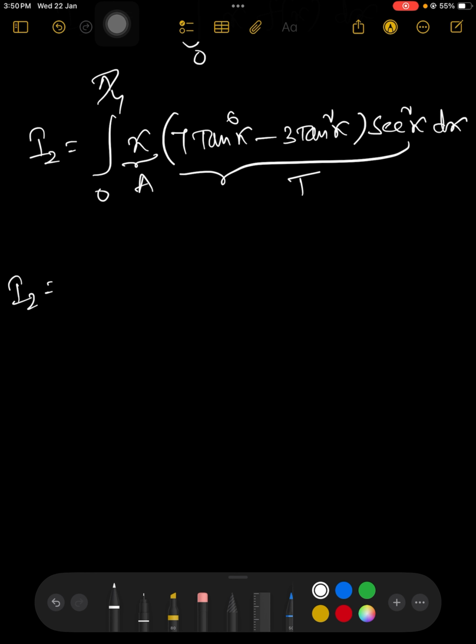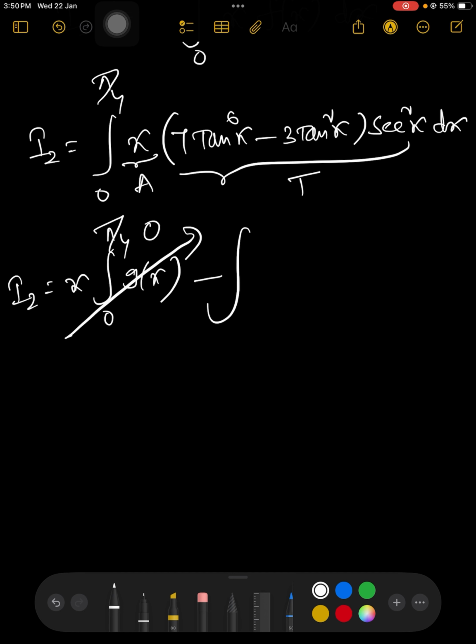Now f of x is x, g of x is the trigonometric function. Now x into the integration of 0 to pi by 4 of g of x total, which in this case we got will become 0, no need to solve, minus the integration of f dash of x, which is anyway 1, that whole term, what we got is tan power 7x minus tan power 3x, whole dx.